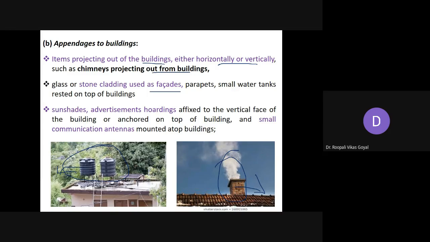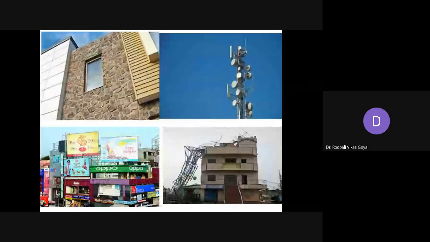Then sunshades, advertisement hoardings that are sometimes fixed in some buildings. Some small communication antennas mounted on your building. So these may also result in secondary disaster. So these are the stone cladding; if not properly secured at the time of earthquake shaking, they may also fall down.